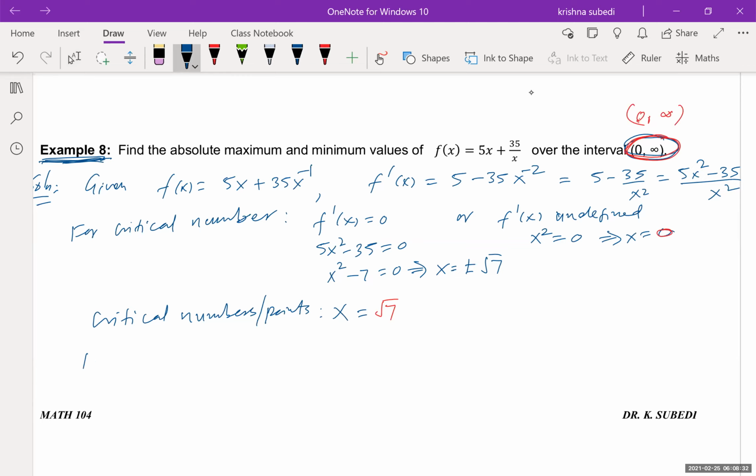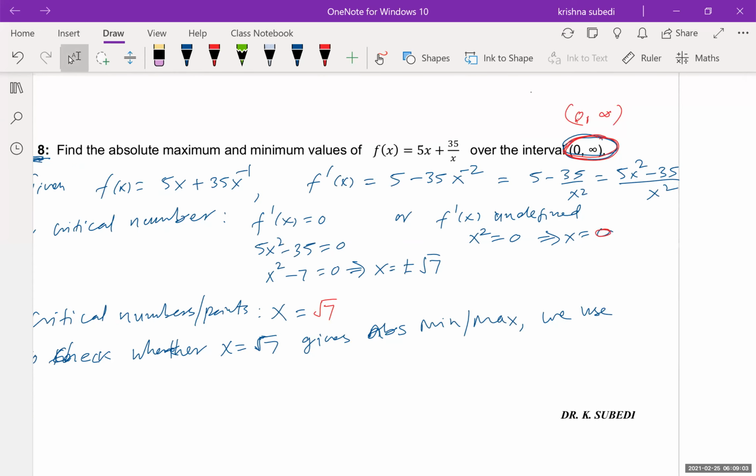Okay, so to check whether x equals root 7 gives absolute minimum or maximum, you can use the first derivative, but like I said earlier, the second derivative is less time consuming, and we're going to do that.